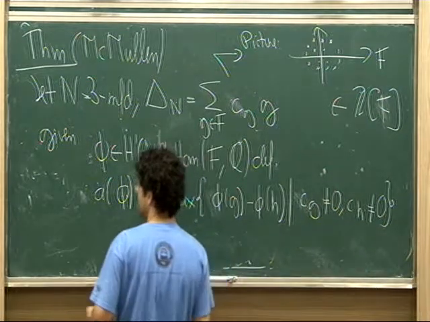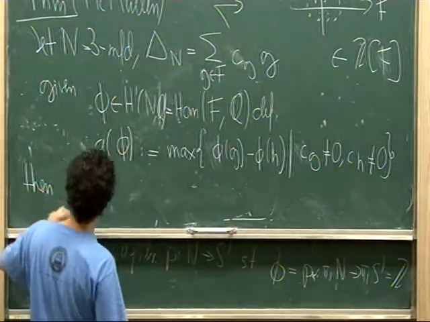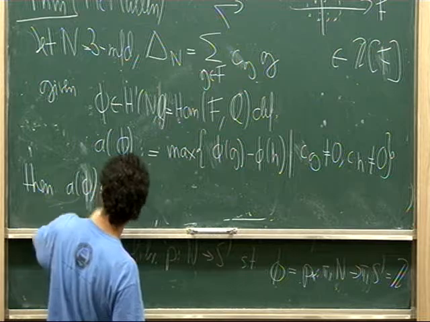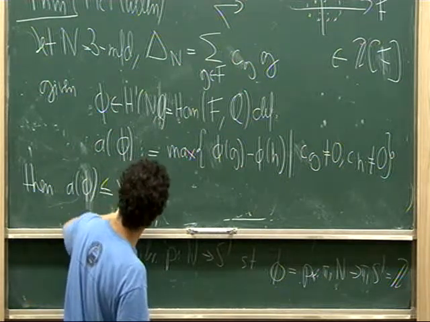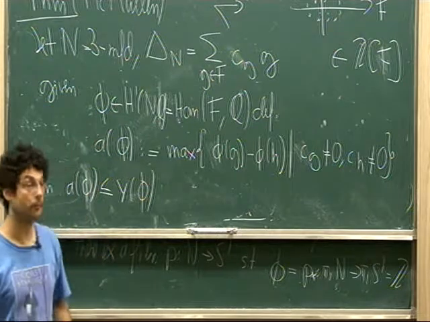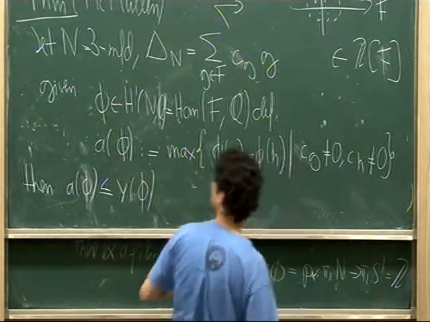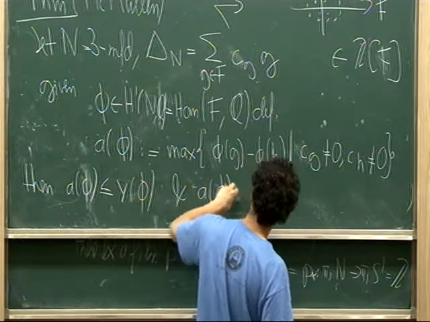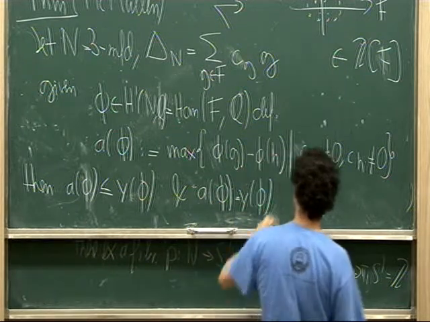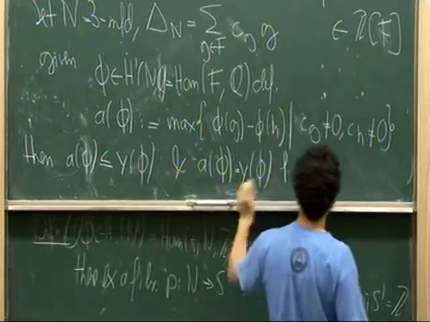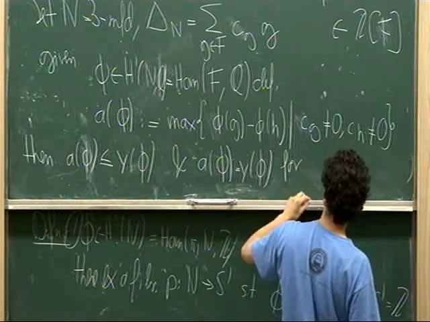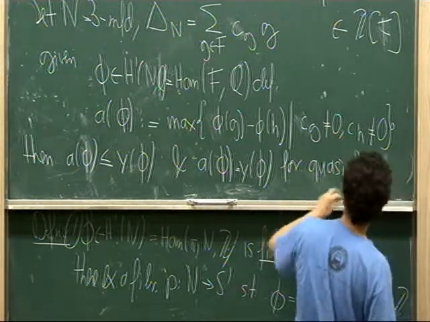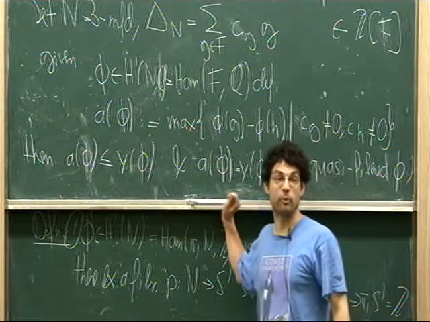And then what you get is that A of phi is a lower bound on the first norm, and it's an equality for quasi-fibered phi. I have to tell you what I mean by quasi-fibered.